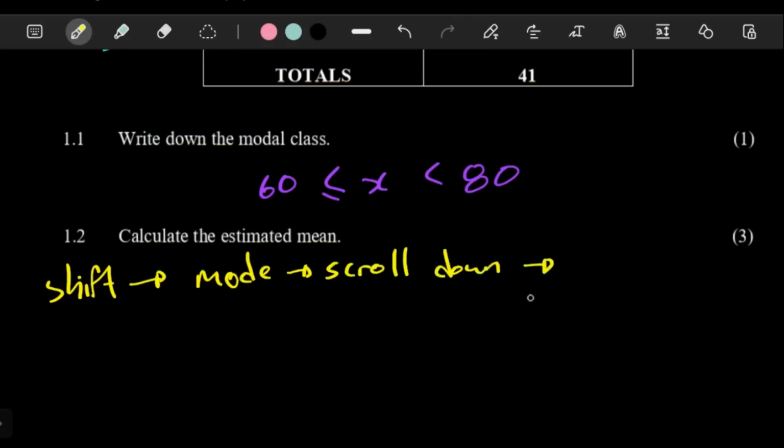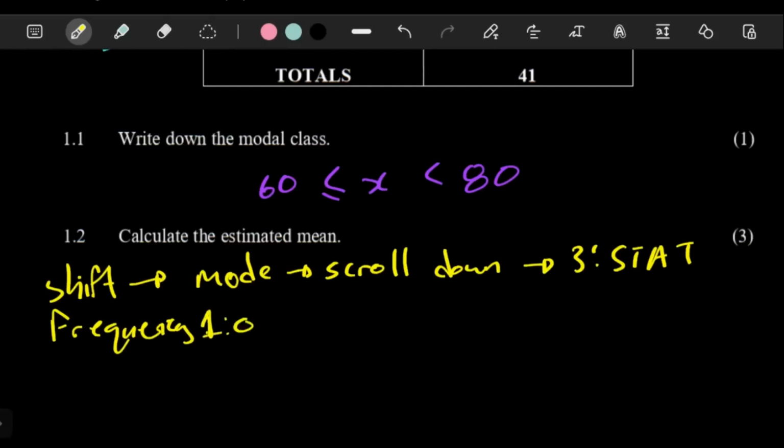After scrolling down, you press the third one, which says stat. After pressing stat, you have to switch frequency on. Once you've done this, you press the on button. Frequency is on.